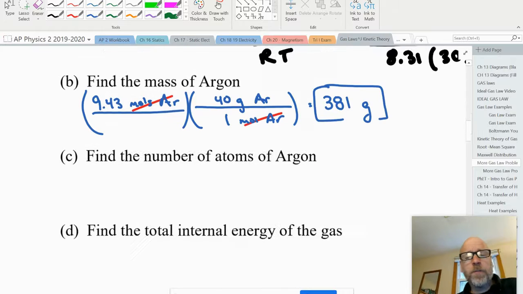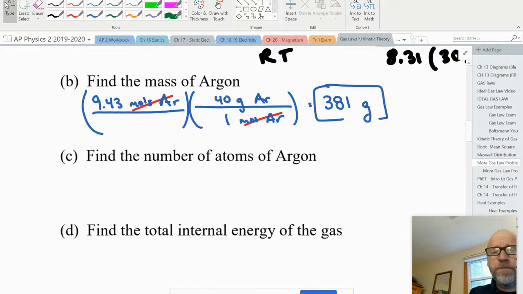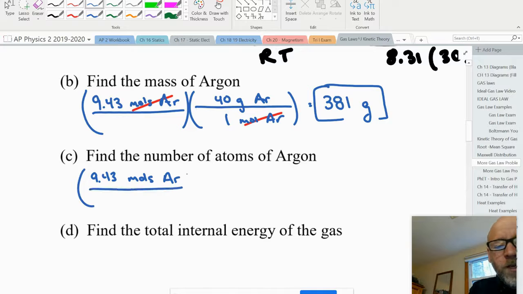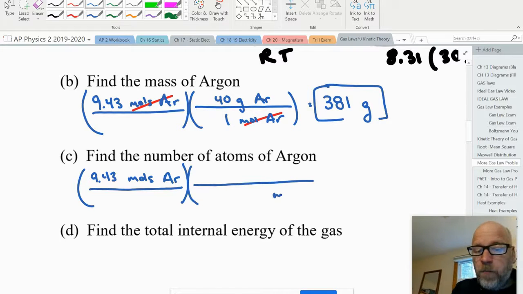Good. Find the number of atoms of argon. Yeah, that's not bad. All right. So, this is just chemistry review. If I've got 9.43 moles of argon, and I want to convert to atoms, if I have moles and I want to go to atoms, 1 mole has 6.02 times 10 to the 23rd atoms.